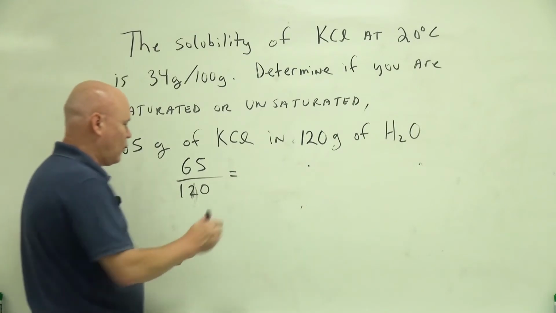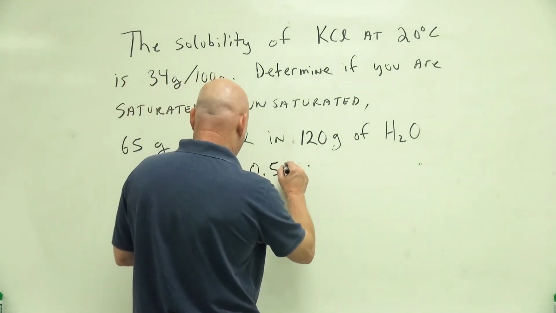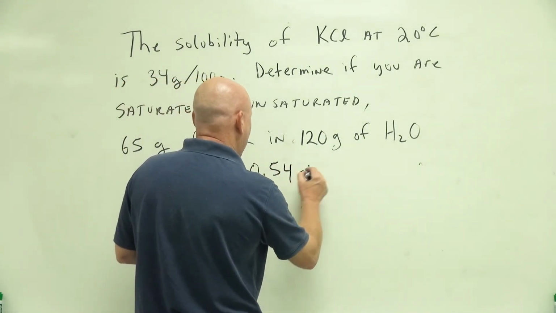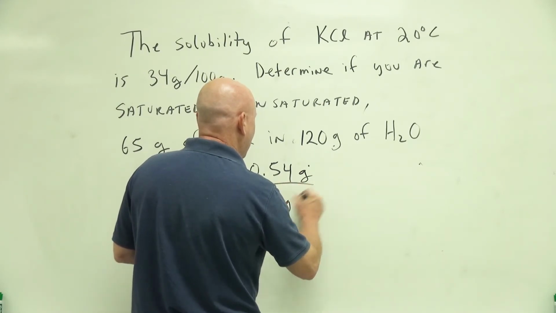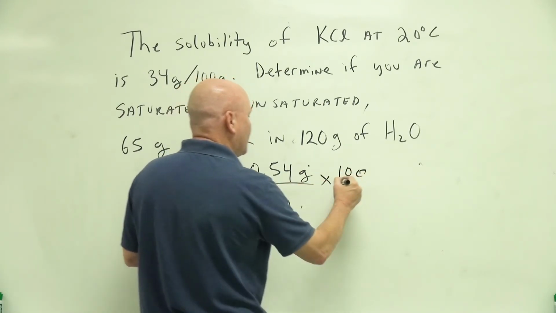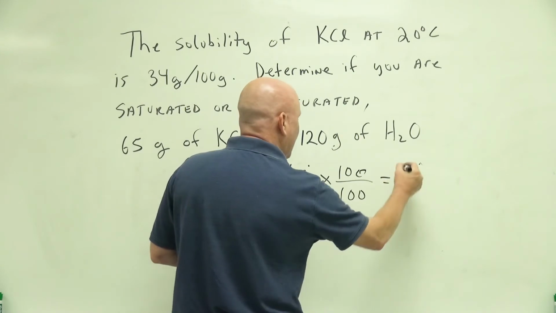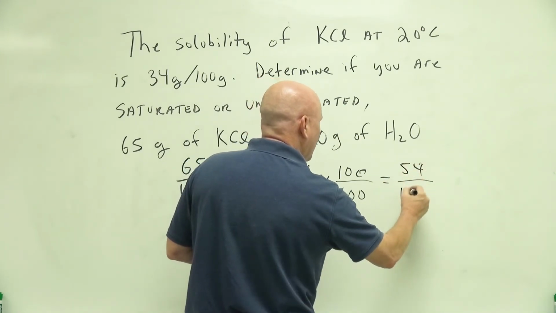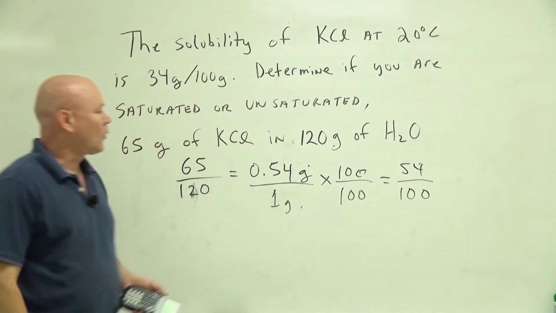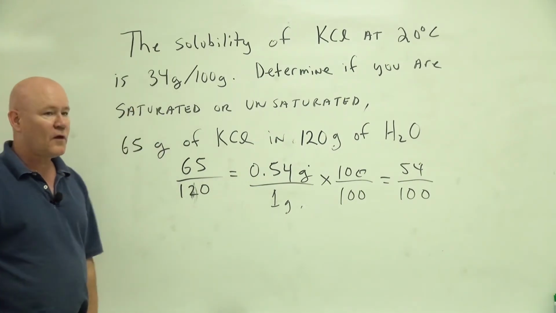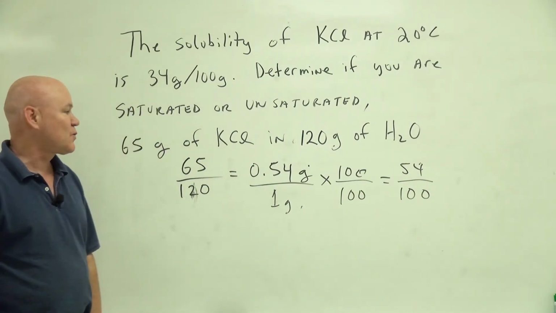And that will give me 0.54 grams per 1 gram. And we're going to multiply the top and bottom times 100, and that will give me 54 per 100. Now, is 54 greater than or less than 34? Yes, it's greater than 34, so the solution is saturated.